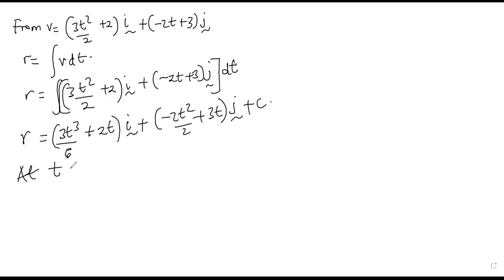At time equal to 0, our R was also equal to 0, the position was equal to 0. What does it mean?